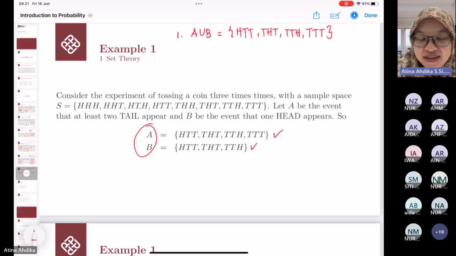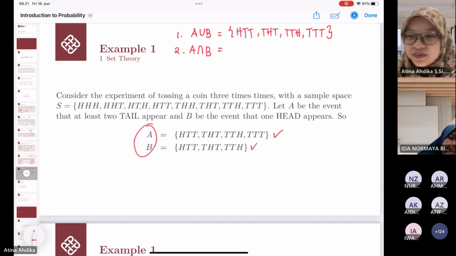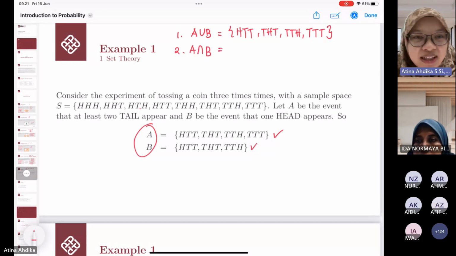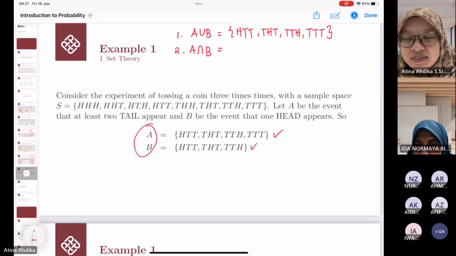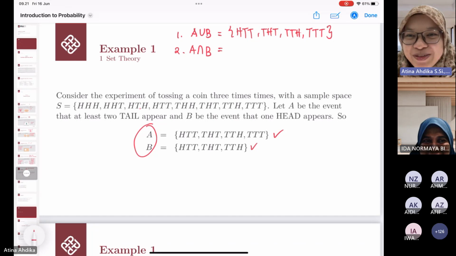And then my second question is, what is the intersection between A and B? Anyone can answer? Still with Afif, you can answer the question. What is the intersection of A and B?